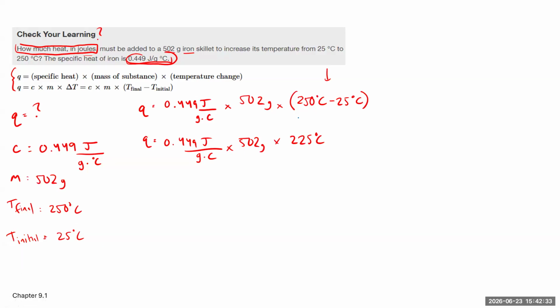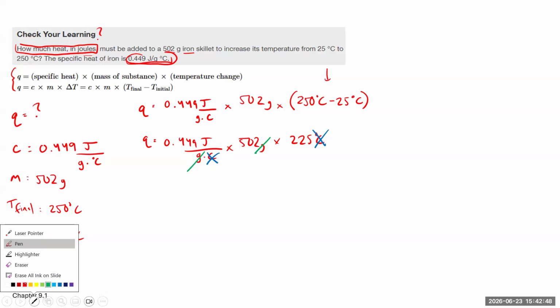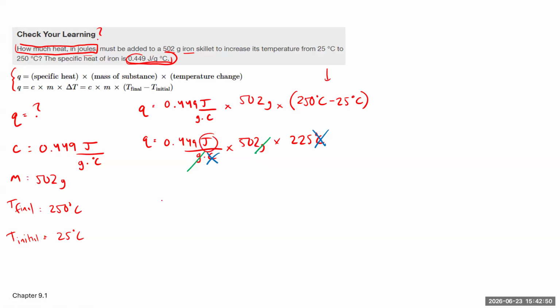Let's start canceling stuff out. Since we have a Celsius up here and a Celsius here, those cancel out. And since we have a grams here and a grams here, those cancel out. So all we're left with is joules now. So our heat, which is perfect because that's what we're looking for.